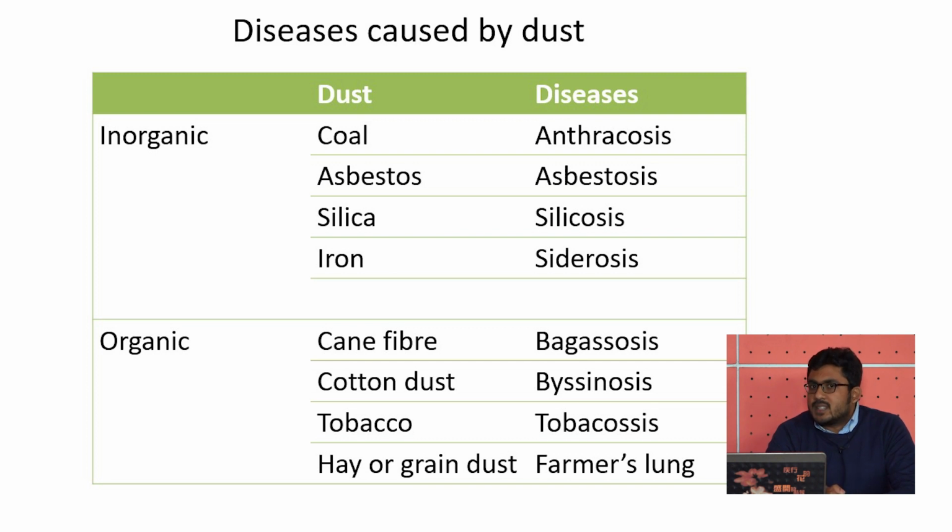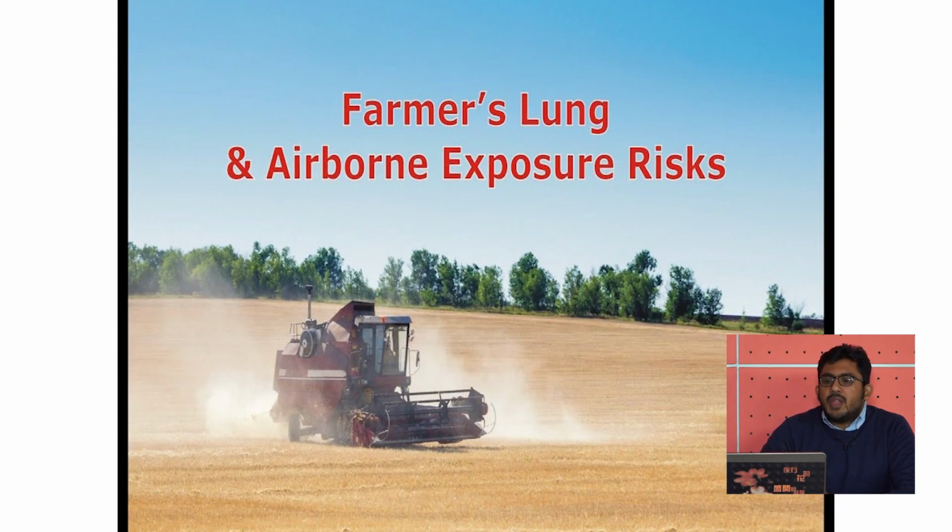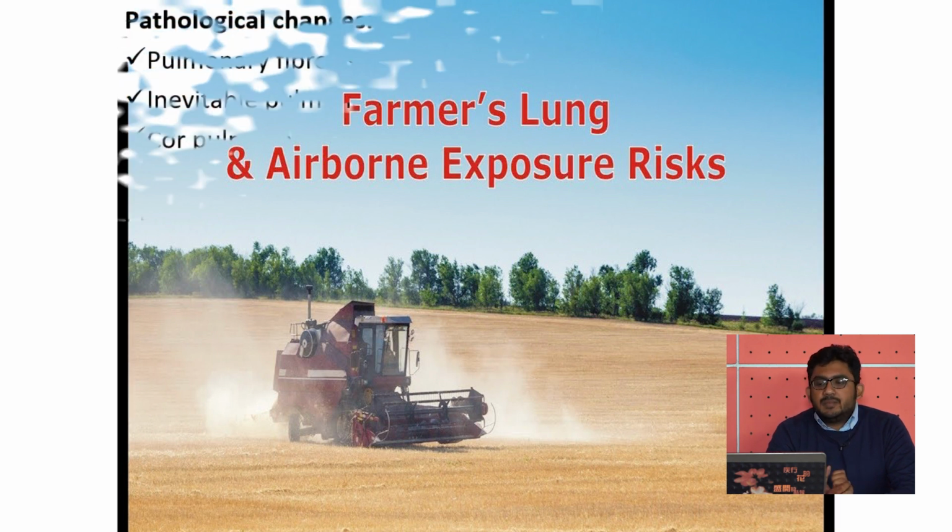Previously we discussed pneumoconiosis; farmer's lung is part of it. Now we are going to know about farmer's lung. Farmer's lung is due to inhalation of moldy hay or grain dust.